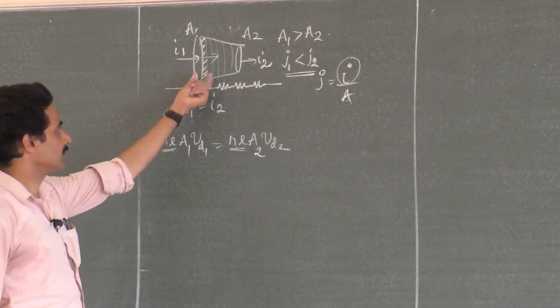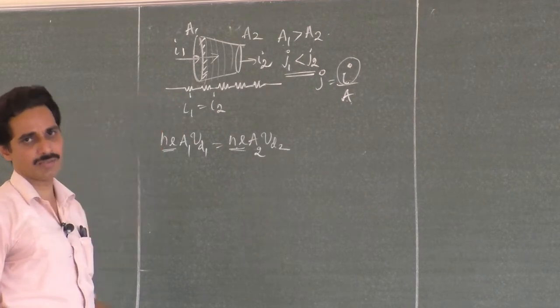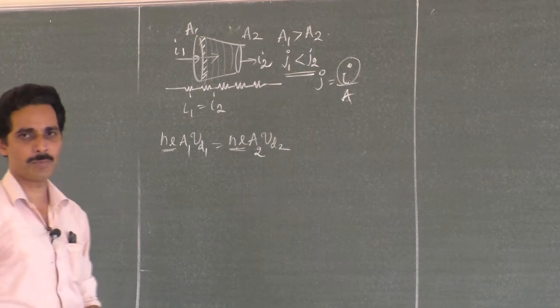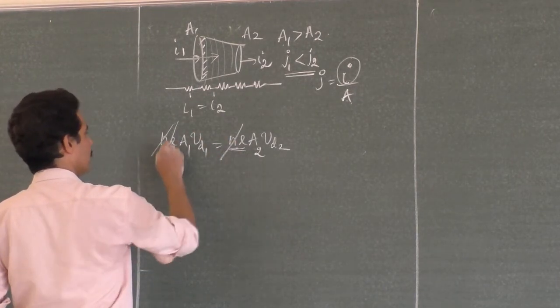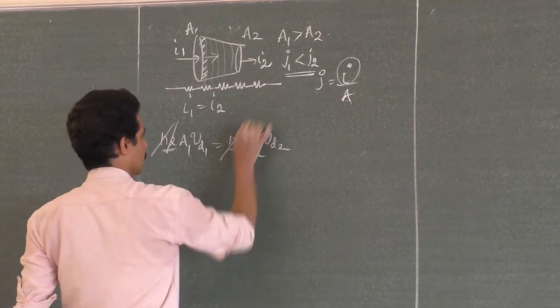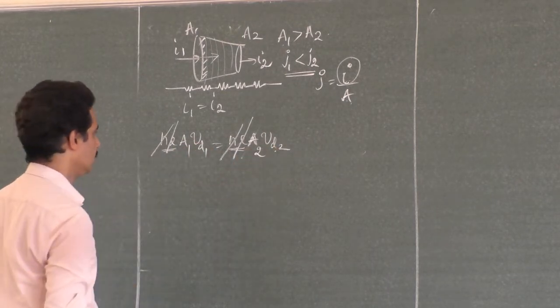Suppose this is a copper rod. If you take one piece from here, whatever electron density you have, the same electron density should be here, because both are copper pieces. So, N should be same. And the electrons which are flowing on the left hand and right hand have the same charges. So, E is a constant. So, A1 VD1 must be equal to A2 VD2.